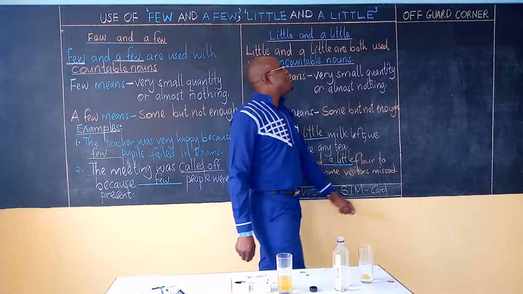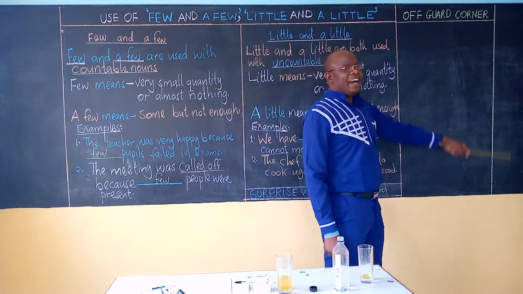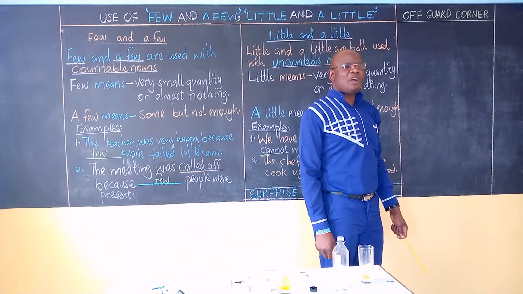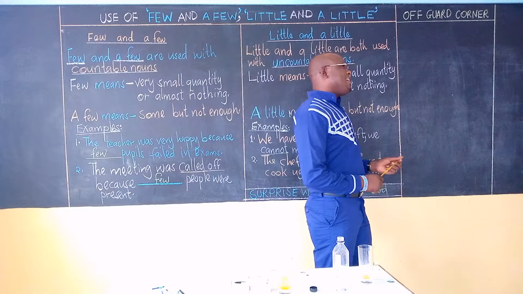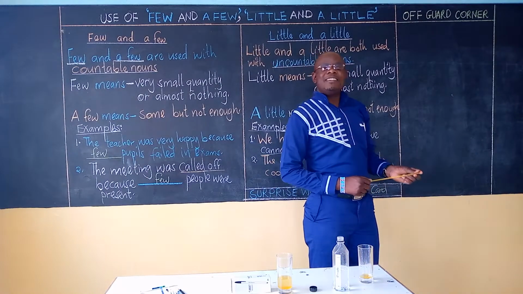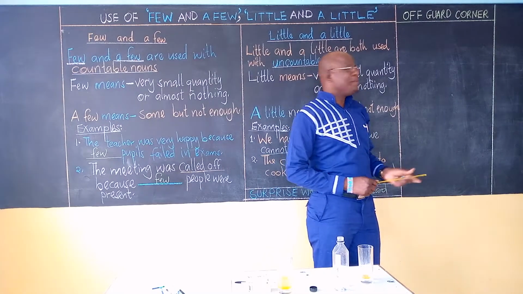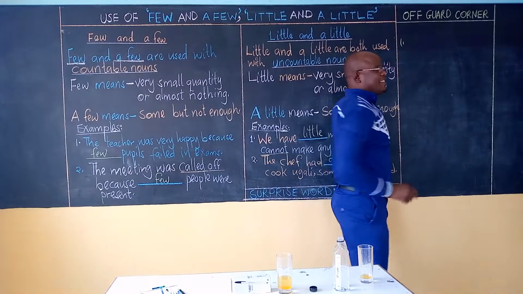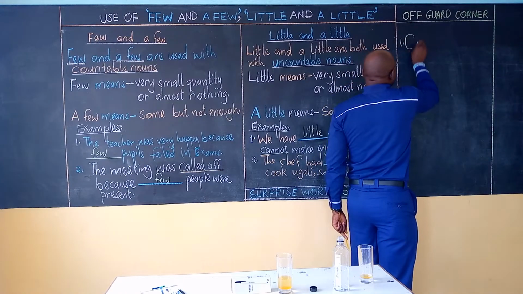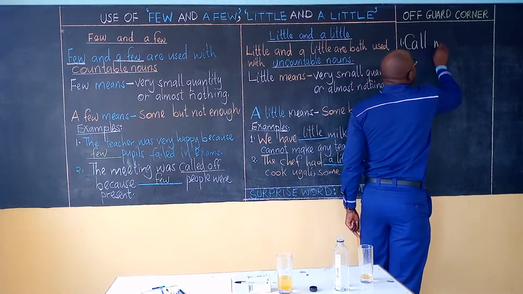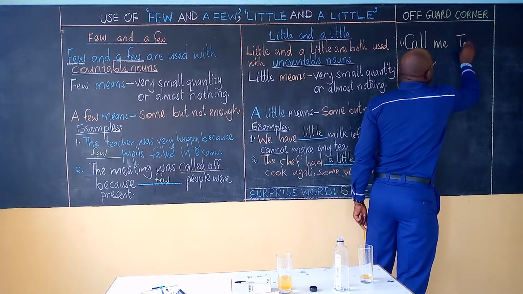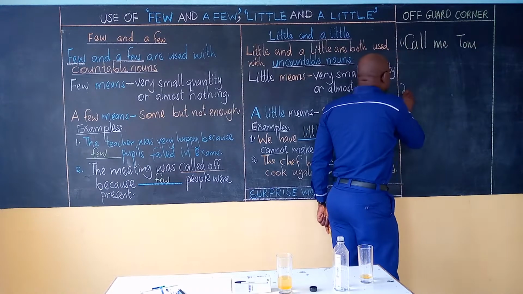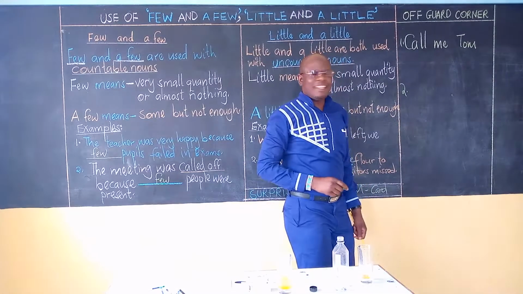And finally, to my off guard corner, and I'm sure I'm going to catch you off guard here. Guess my off guard statement today. Here it is. Call me Tom. My off guard sentence number 2.